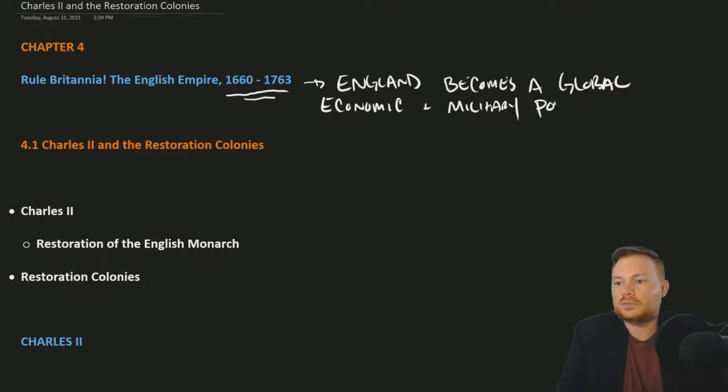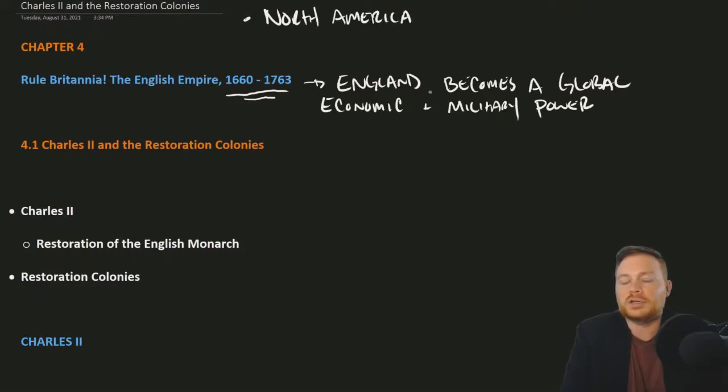Now, of course, for us, what we're mostly concerned with are the colonies in North America. And during these years, the colonies of North America grow pretty significantly in terms of population. But other parts of the English Empire also include the very lucrative sugar colonies in the Caribbean, also part of African trade.